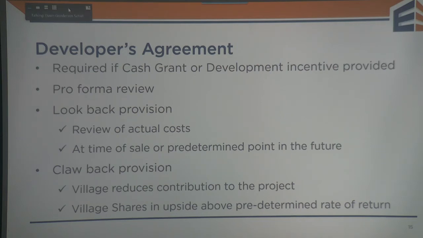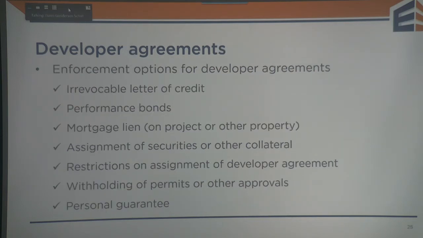And on the next page, we're talking about a few other things, and your attorney, as this is done, will certainly advise you on what sort of protections you should put in place, especially if you're doing any of the upfront financing. So if the village is putting in all of the utility costs, these are some of the things that help protect the village.